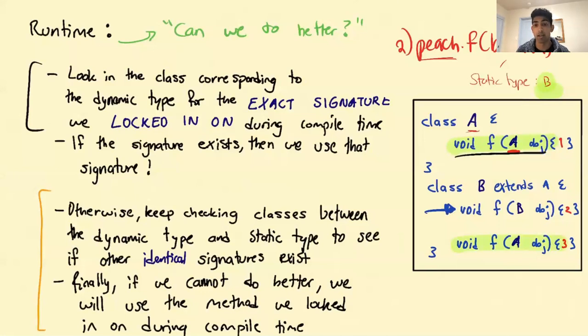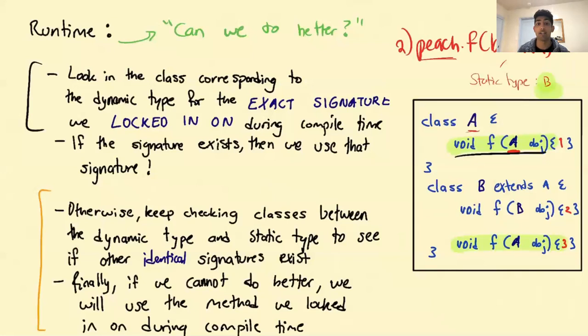So during runtime, we have to choose that method signature in the dynamic type's class if it exists. We can't change the method signature. That's not how Java works. So in this case, we won't choose this method, even though it's so-called better than this one. It's more specific. So that's a quick downfall of dynamic method selection.